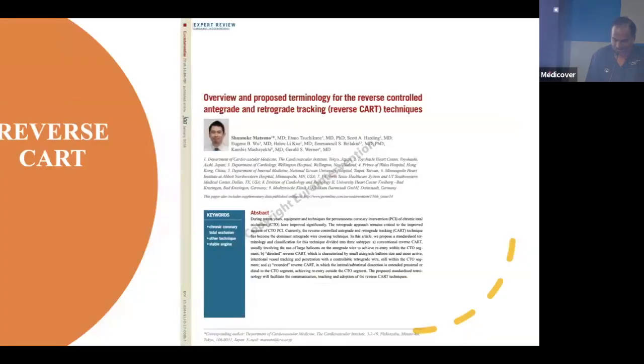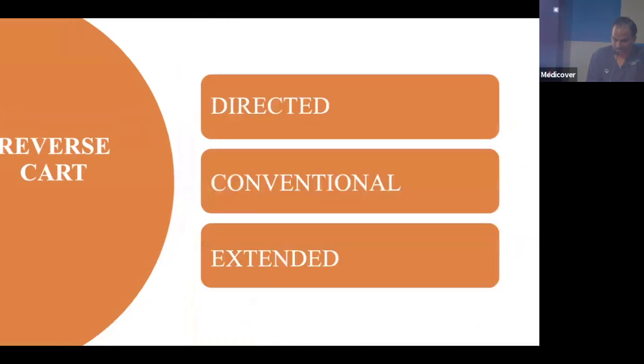Ever since this paper was published, which unified all the thought process of reverse CART into one kind of methodology, now we have only these three reverse CARTs: directed reverse CART, conventional reverse CART, and extended reverse CART.